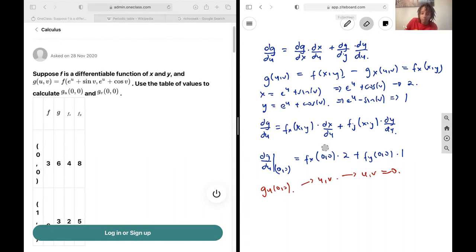So instead of fx (0, 0), we'll have fx (2, 1) here, and similarly here, because we have the x values in here, not the u values. Looking at the table again, fx at (2, 1) is 2, so it becomes 2 by 2, plus fy at (2, 1) is 5, so 5 by 1, and that will become 4 plus 5, which is 9.